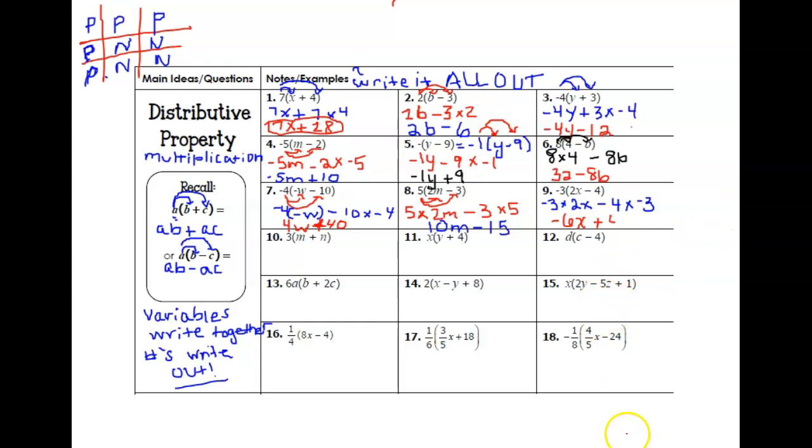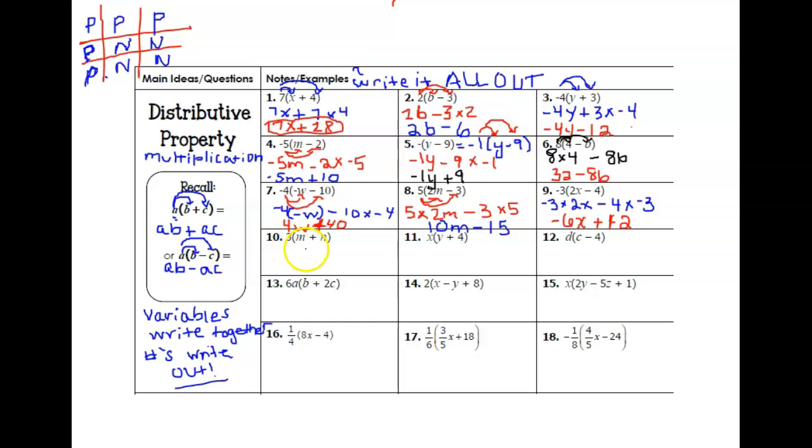And I need to erase, so plus 12. All right, guys, we'll go through the next couple of problems.